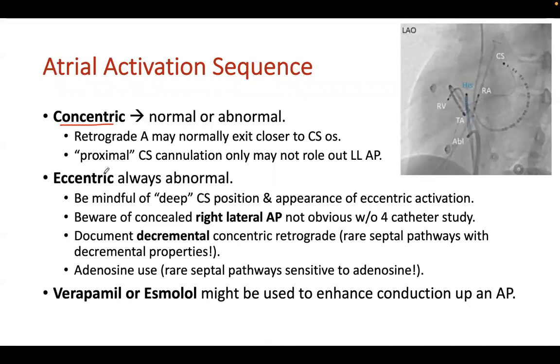You might still see earliest atrial activation at the proximal CS site, which might be normal in some people, and you might miss the left lateral accessory pathway. So you have to be aware of these limitations. You have to always try your best to have your CS cannulation deep, to avoid mistakes or confusion.